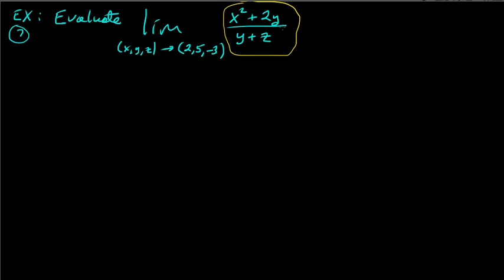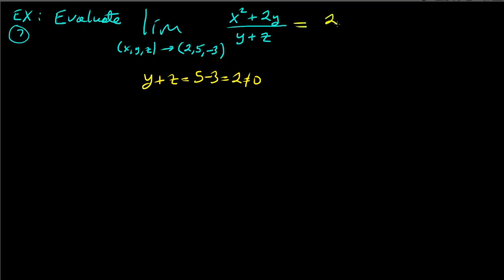And again, the only thing you have to worry about when you have a rational function is the denominator. The denominator is y plus z, but we're approaching where y is 5 and z is negative 3, so we get 2, which is not 0. So there's no issue here. This is going to be a continuous function at the point 2, 5, negative 3.